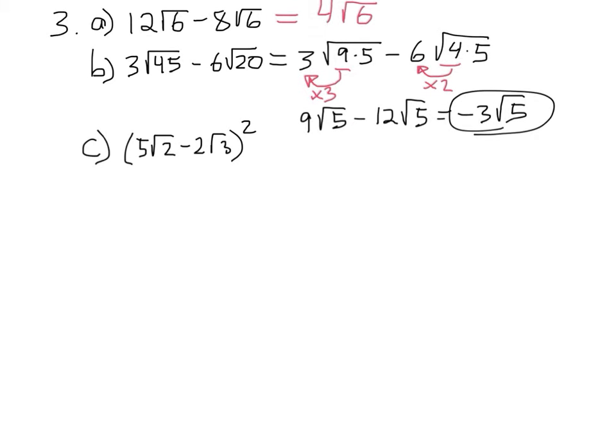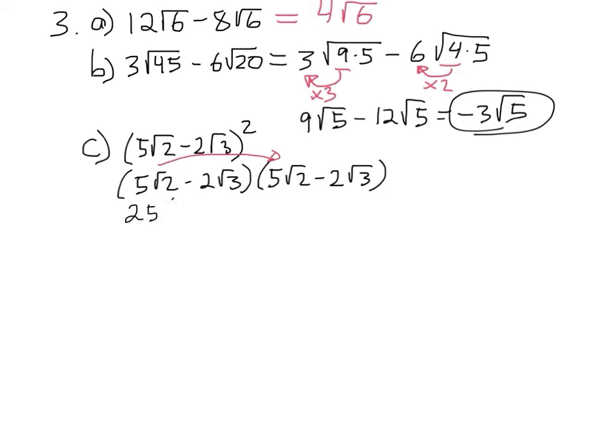Part C, they're asking you to square that, which means you're going to have to multiply it by itself. And we'll FOIL this. So first times the first becomes 25, and root 2 times root 2 is just 2. Then we multiply that term times the second term, and we get minus, we multiply what's outside the square roots, and then what's inside the square roots, so 10 root 6.